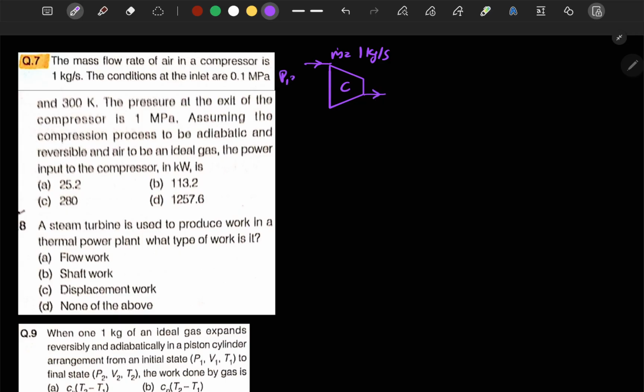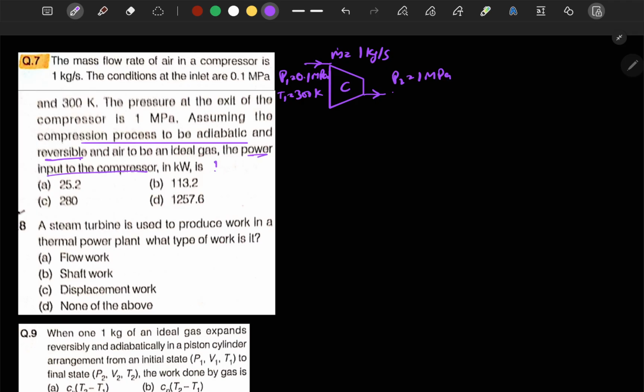P1 is equal to 0.1 megapascal, T1 is equal to 300 Kelvin, and at exit pressure P2 is equal to 1 megapascal. Assuming the compression process to be adiabatic and reversible, and air to be an ideal gas, the power input to the compressor is?